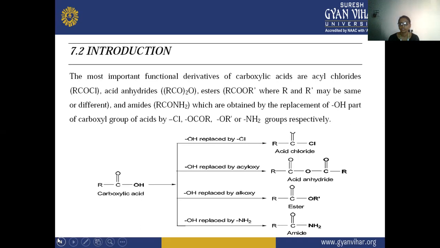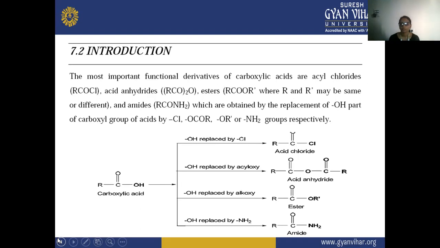So the carboxylic acid is formed from two functional groups, the carbonyl and the hydroxyl group. Both come in, and the name carboxylic acid also comes from both of them.